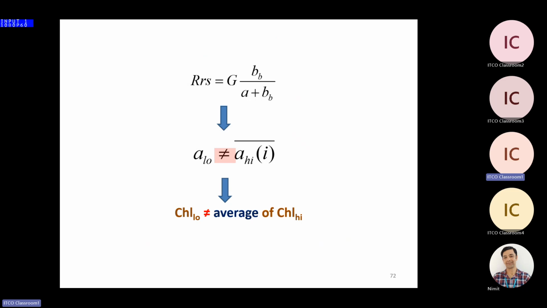It's an inverse relationship. So the average Rrs actually sees more of the brighter photons and less of the darker photons. That's why, from Rrs, for this kind of subpixel variation, it will feel a smaller or lower chlorophyll than the arithmetic average of chlorophyll.